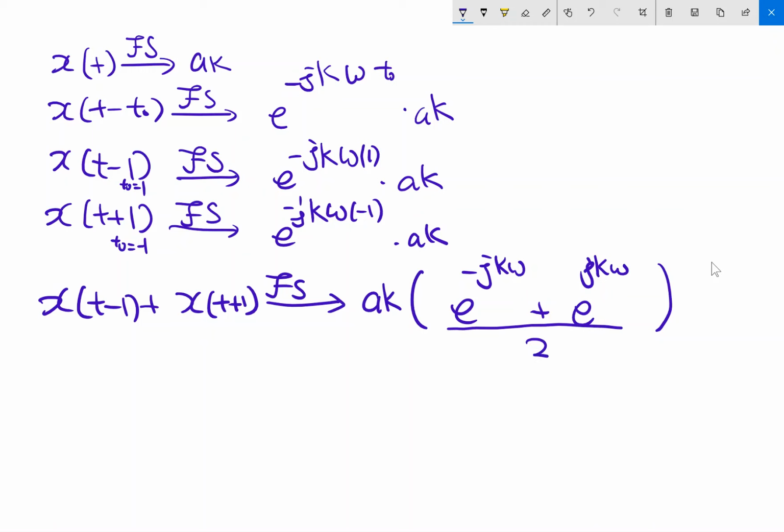Let's put a 2 beneath it and another 2 here. So it equals 2 ak cosine, and inside the cosine is k omega, or in this problem k omega 1. Same thing, because every fundamental frequency is the same.